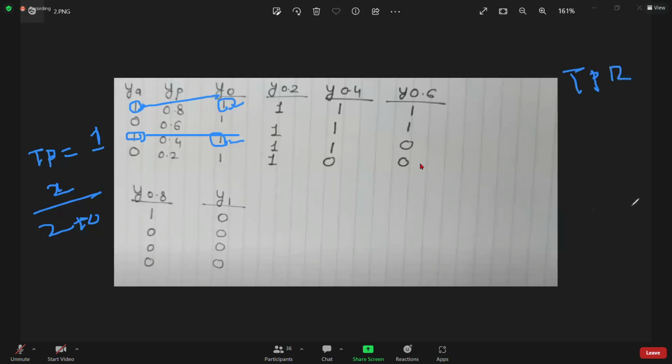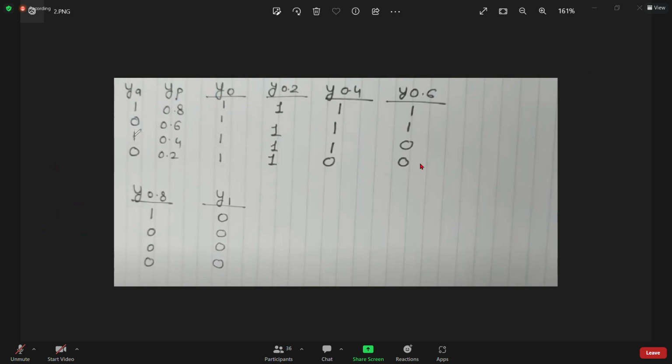TPR is the y-axis or x-axis, guys? I will try to plot the point now, isn't it? FP: what is FP? FP is actual 0, predicted 1, two wrong predictions. So that's why 1 plus 1 is 2. Do you understand now, guys? Why 0?